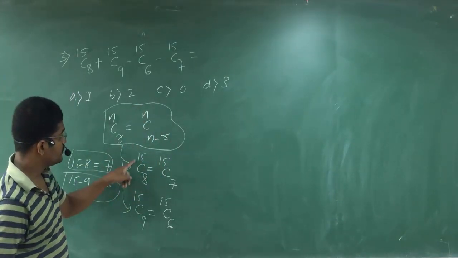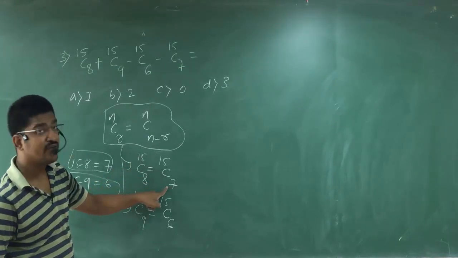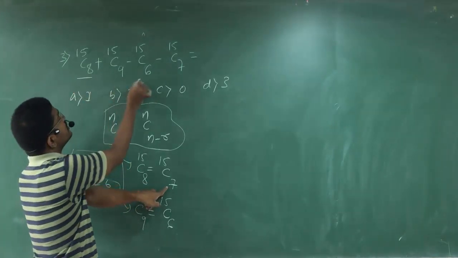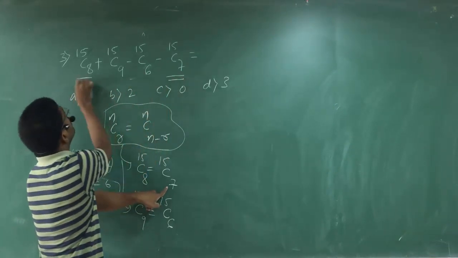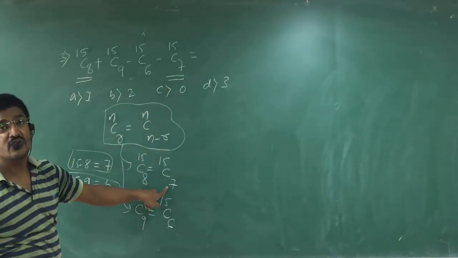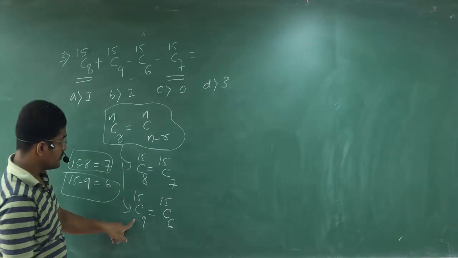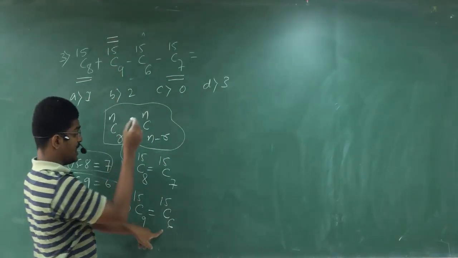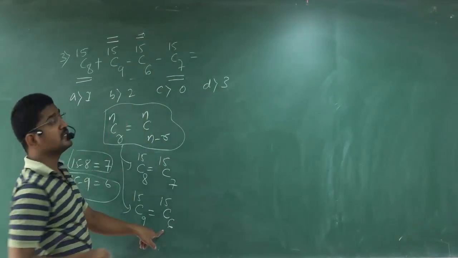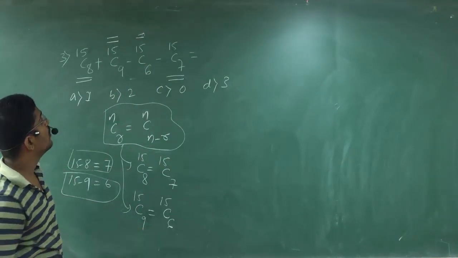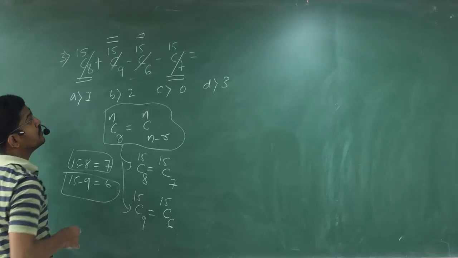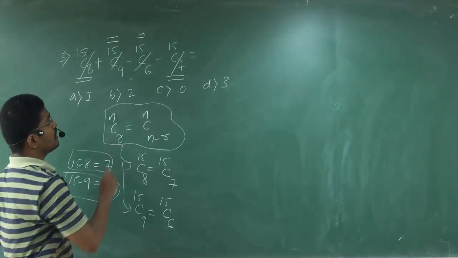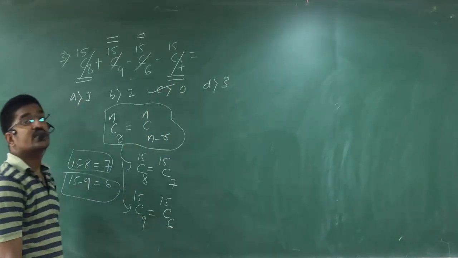See here, 15C8 equal to 15C7. That means these two terms are the same. 15C8 and 15C7 both are the same. 15C9 and 15C6 both are the same. So if I cancel these two and these two terms, your answer is going to be 0.